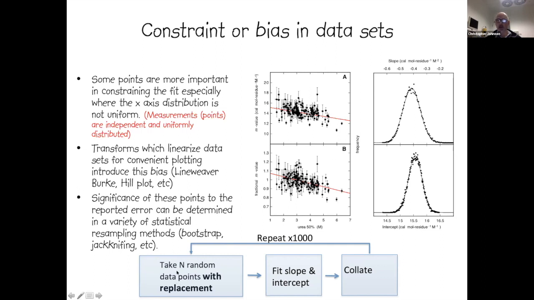Once you've taken n points into your synthetic data set, you fit that to get a slope and an intercept, and then you repeat that process maybe 1,000 times. Using this bootstrapping process, the slopes we got had a Gaussian distribution, and the mean of this distribution still had a negative slope, so our confidence in that was increased.